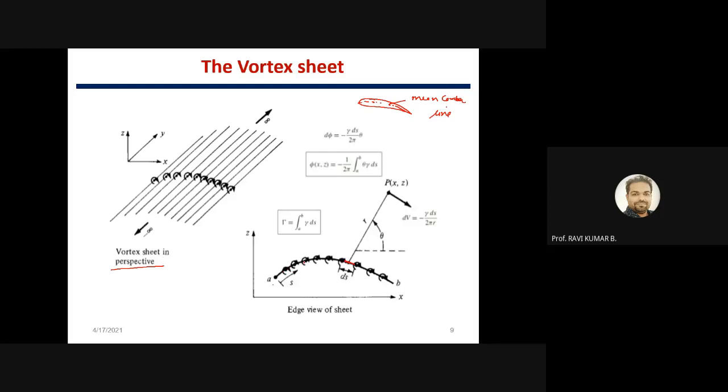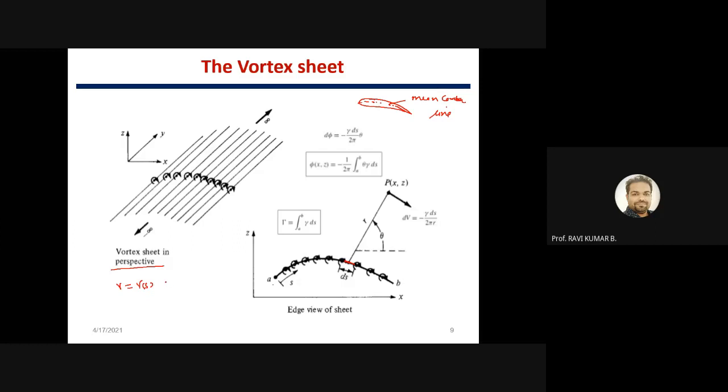These vortices that you have put here have infinitesimally small strength. So if you integrate the strength from A to B, you will get the total strength of circulation induced in this system. So we can write gamma as gamma(s).